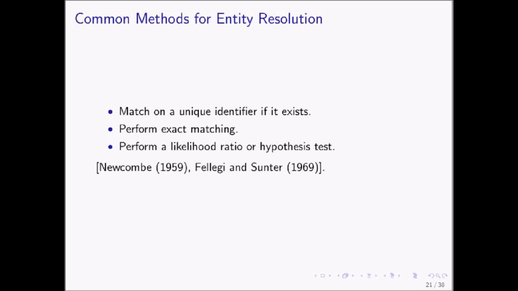And if all the features match exactly, say on some distance metric, such as Jaro-Winkler, then you call it a match, otherwise it's a non-match. Of course, if you look at any type of evaluation metric, this is going to perform very badly. And so this is why people, such as Newcomb and Fellegi and Sunter, were starting to think about more systematic ways, such as likelihood ratio tests and hypothesis tests.